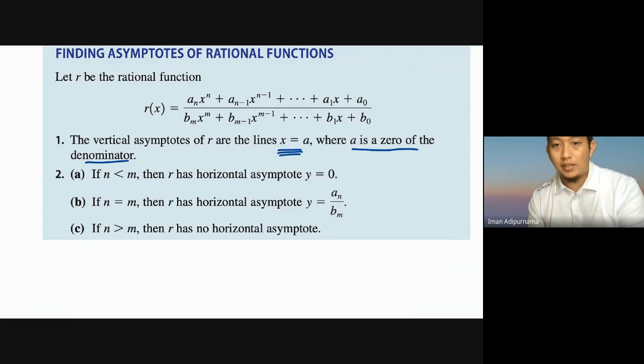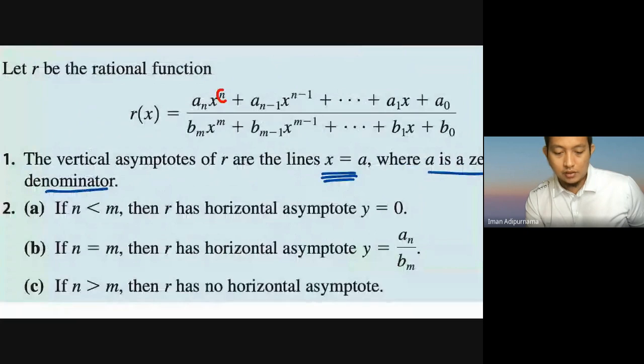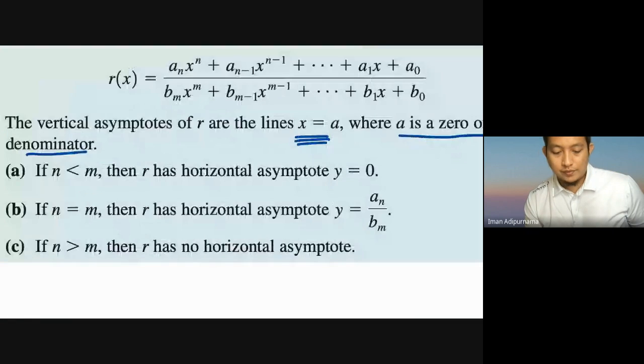That is actually what we have done, and that's true. And then if n is less than m, where n and m are the degrees, then you will have the asymptote y equals 0, because the bottom one is bigger.